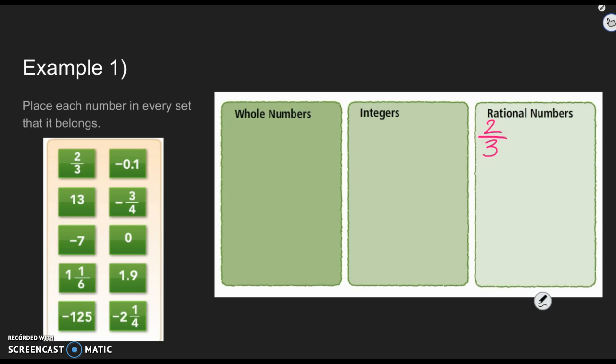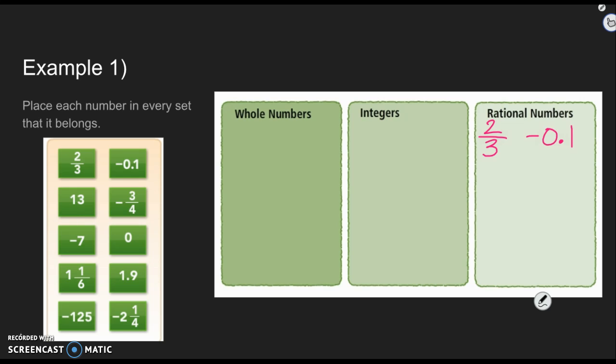Then we have -1/10. -1/10 is not a whole number, it's a decimal. Even though -1/10 has a negative sign in front of it, it is not an integer. Remember, integers are positive or negative whole numbers. -1/10 can be written as a fraction, so that number is a rational number.